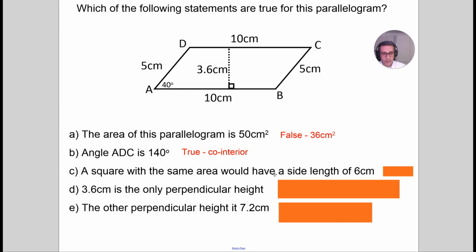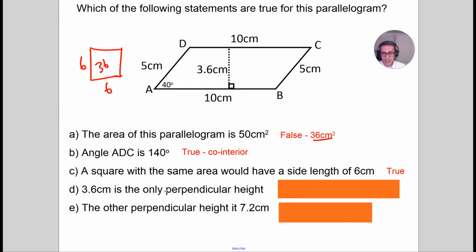A square with the same area would have a side length of 6. So if you have a square with a side length of 6, then all sides would be 6, and the area of that would be 6 times 6, which is 36, which is the area. So in this case, it's going to be true.